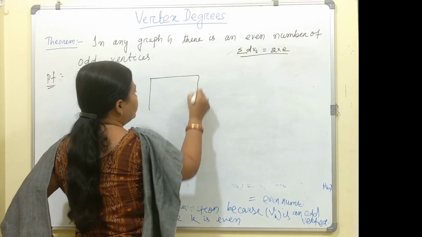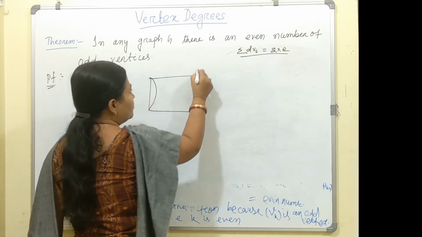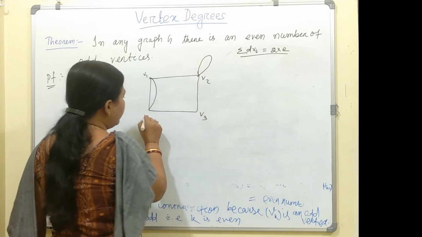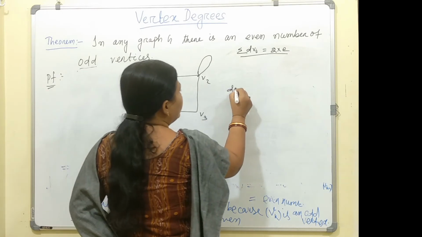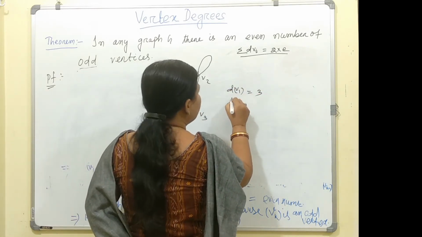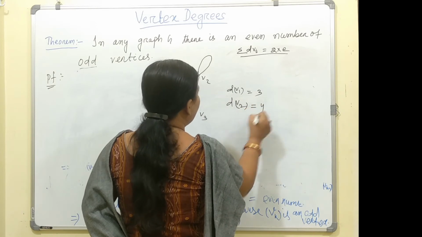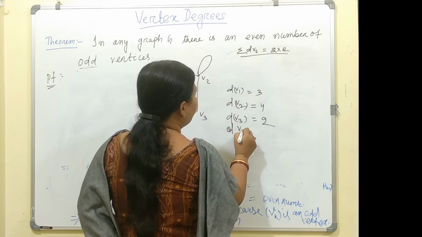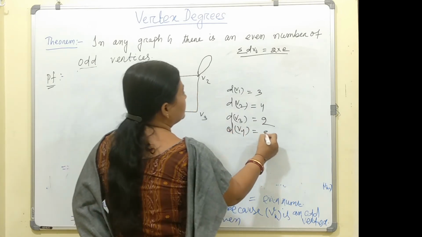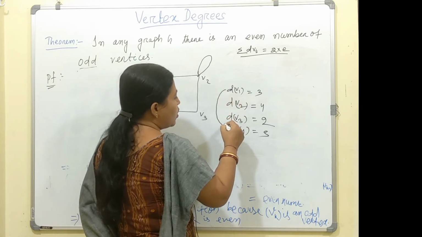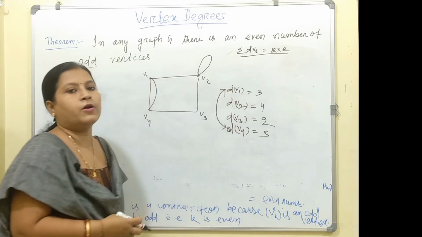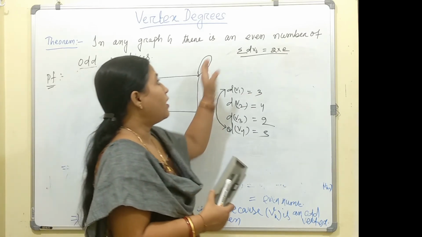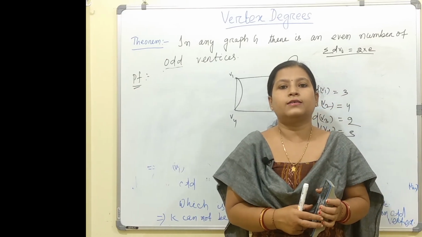Taking this graph, with vertices v1, v2, v3, v4: degree of v1 is 3, degree of v2 is 4, degree of v3 is 2, degree of v4 is 3. So there are two odd vertices, an even number of odd vertices. So from this we get that any graph has an even number of odd vertices.